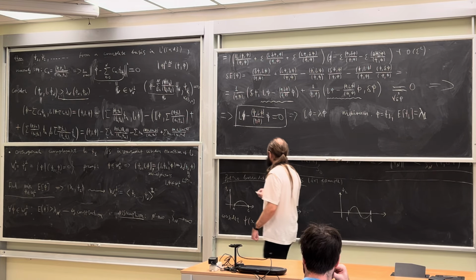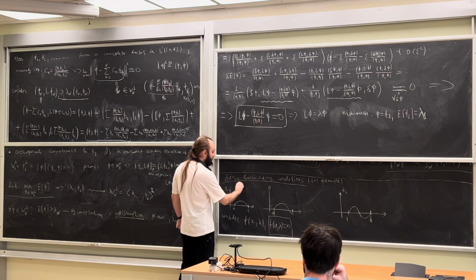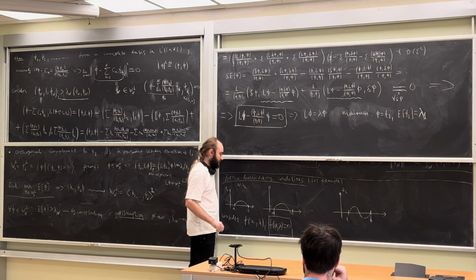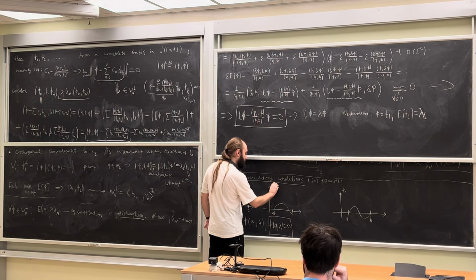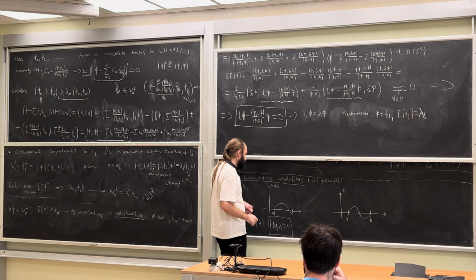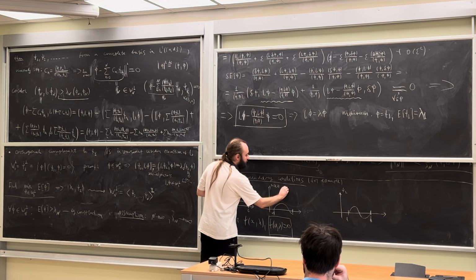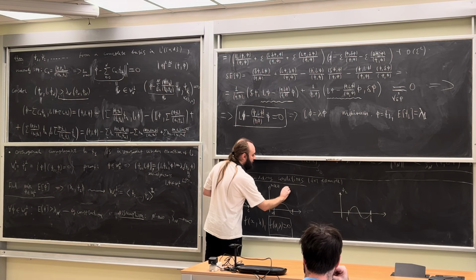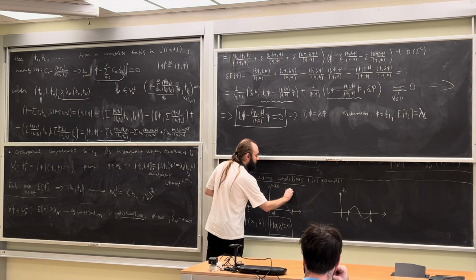This is lambda equals lambda 1. This function is psi of x, lambda. And this is drawn for lambda greater than lambda 1.